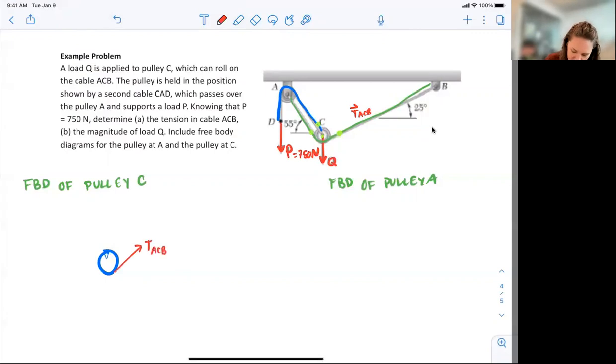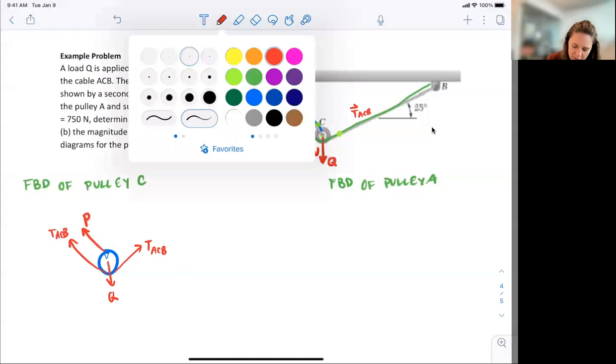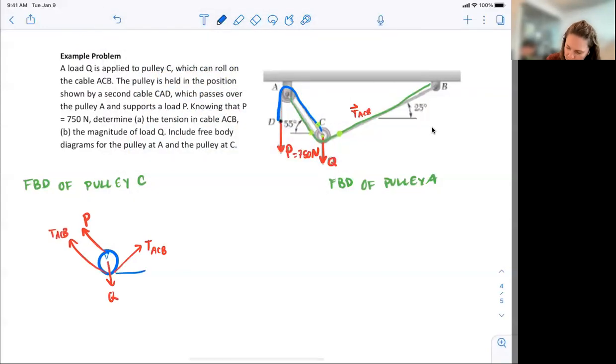But because it's all one rope, it's going to be the same magnitude. And we have P, and then we have Q. To make this free body diagram complete, I'm going to include my angles. So these are both 55 degrees. They're parallel to each other. Okay, so there is the free body diagram of pulley C.